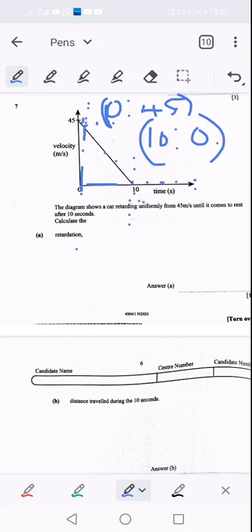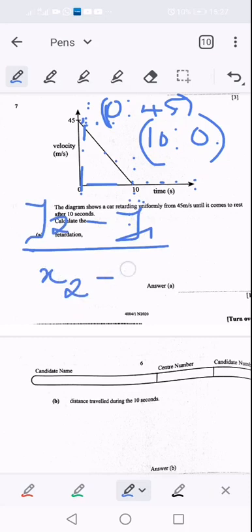Gradient is equal to y2 minus y1 all over x2 minus x1, or you can say y1 minus y2 all over x1 minus x2. Here we choose this one. This is the value of y, this is the value of x.